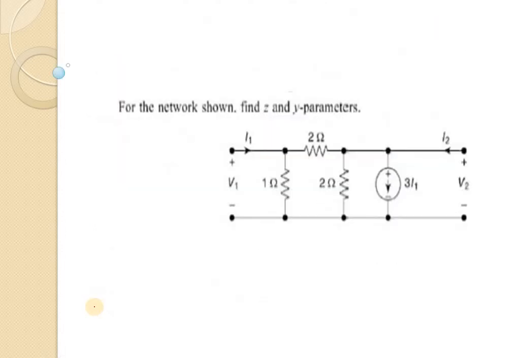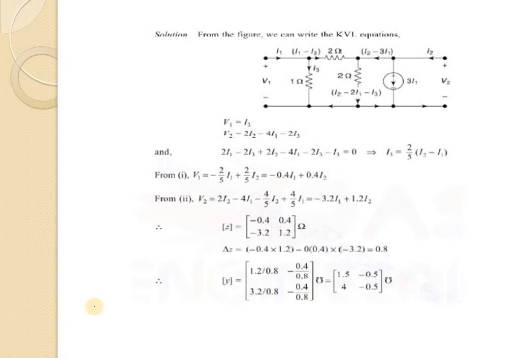Now let us consider two problems related to Z parameters and Y parameters. We have taken one network and we have to find the Z parameters and Y parameters. So we have applied KVL in this figure.